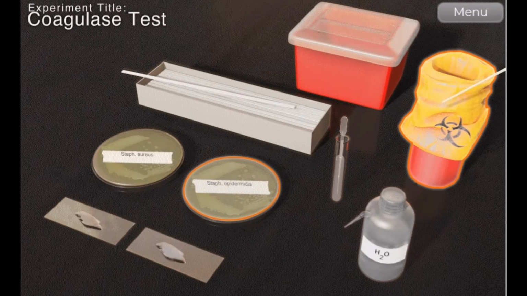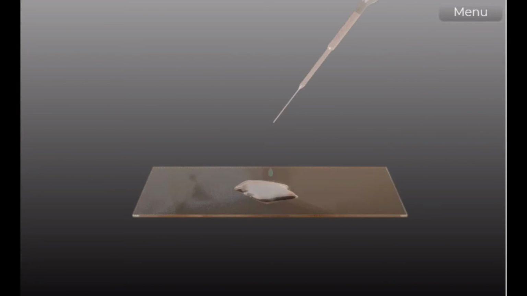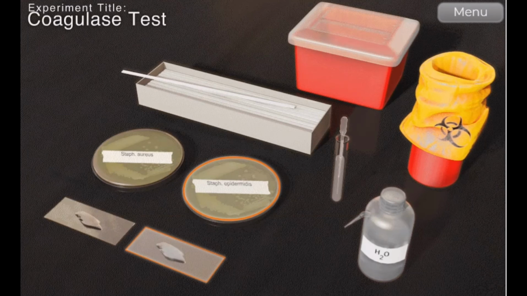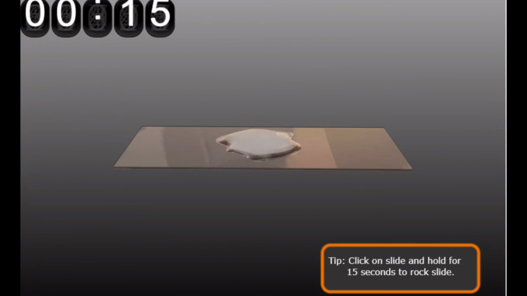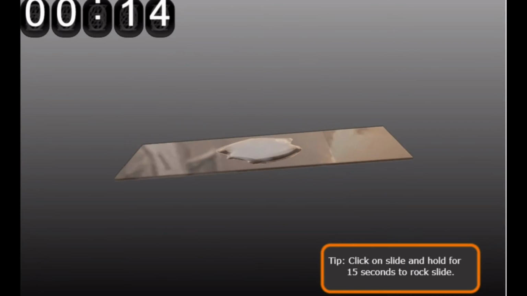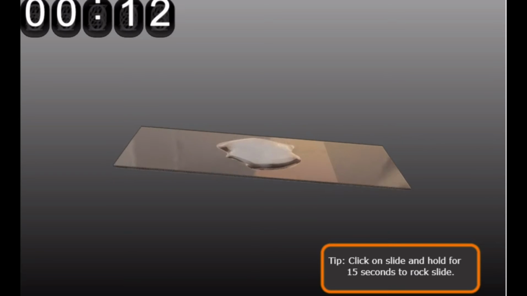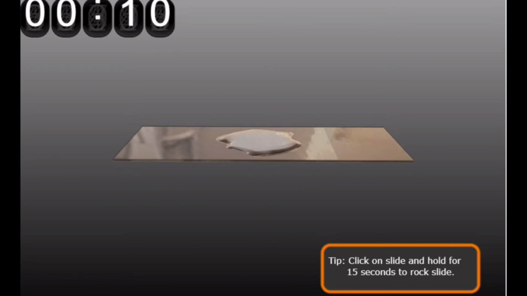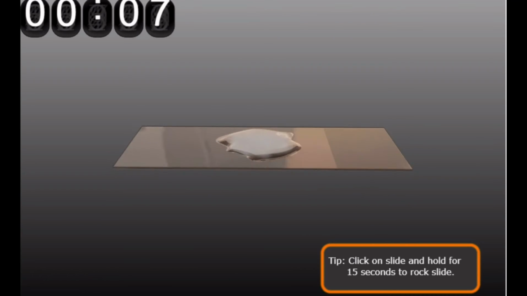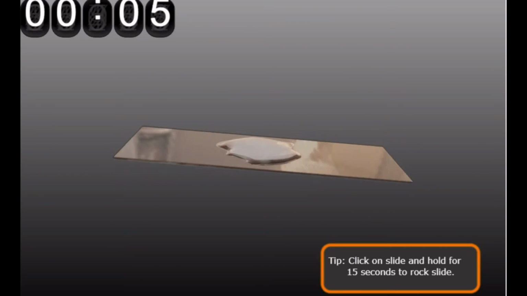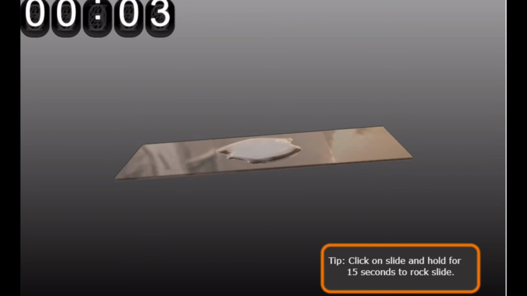Dispose of the stick, and then we need to add 1 or 2 drops of rabbit plasma. Then we need to rock the slide and watch for clumping. So if there is any clumping, that means it is positive, and if there is no clumping, that means it is negative.